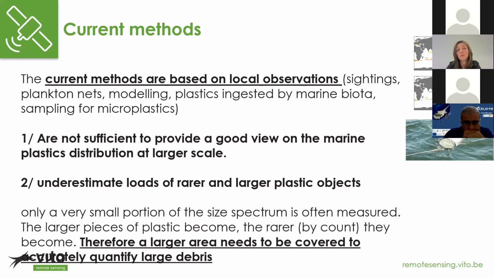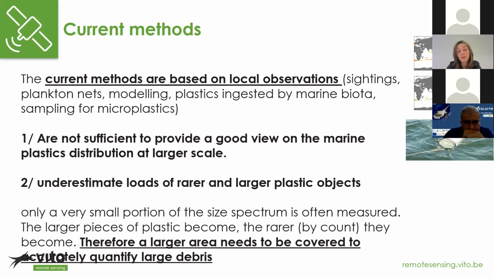Modeling is often used, but also counting of plastics ingested by marine biota. The problem is that these methods are not really sufficient to provide a good view on the marine plastics distribution at a larger scale. And most of these methods actually underestimate the larger macroplastics.